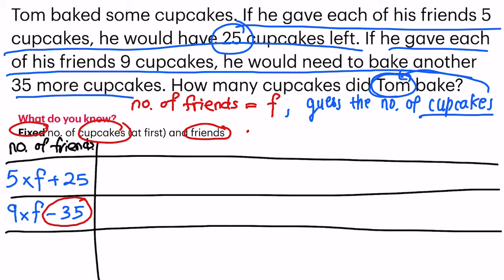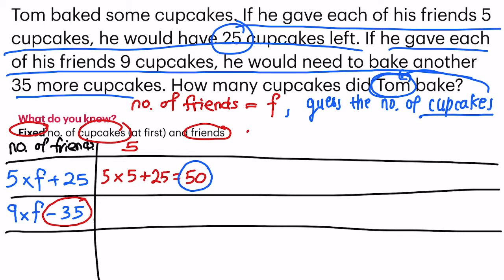Let's do it slowly. So let's guess he has 5 friends. So 5 times 5 friends, plus 25 gives me 50 cupcakes. This is the number of cupcakes.